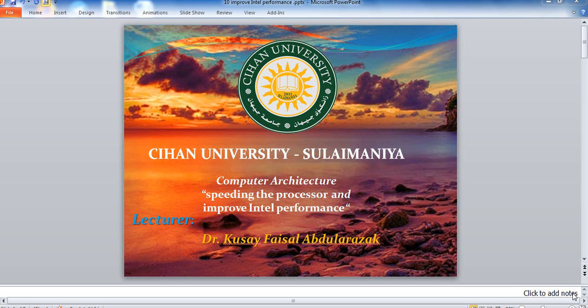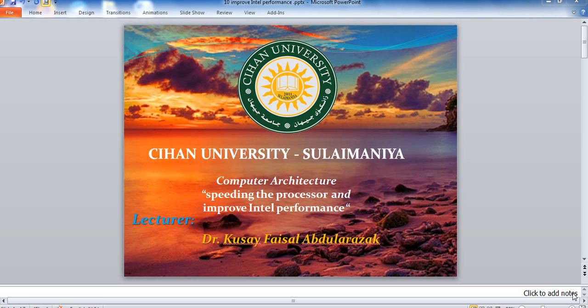Another lecture was about the hierarchy design, and another was about cache memory. So we have three types of cache memory. Which type of cache memory are you going to use?